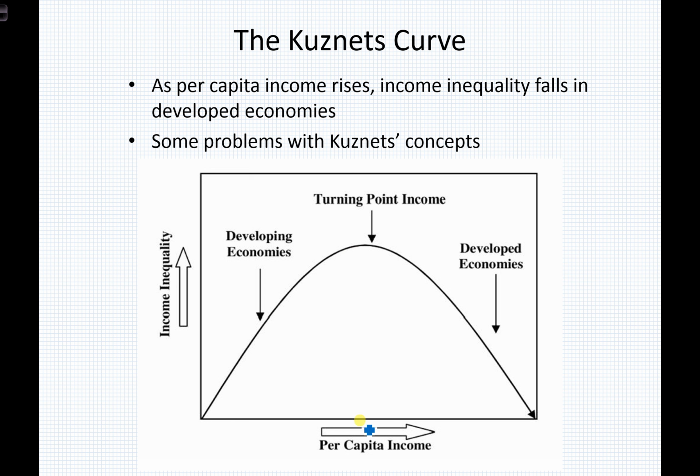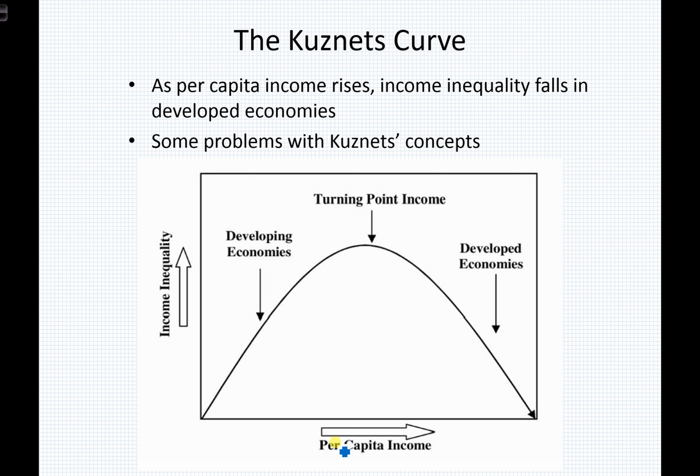So income gains, per capita income gains, average income gains, the average person, not the median, but the average, are then positively correlated with some increasing income inequality, but only for developing economies. And at some point we reach an inflection point, a turning point, at which the economy becomes more fully developed. This might be where an economy could qualify to become a member of the OECD, the Organization of Economic Cooperation and Development.